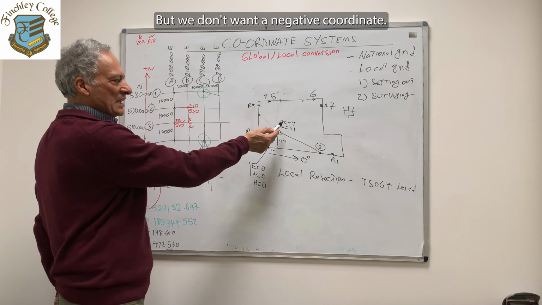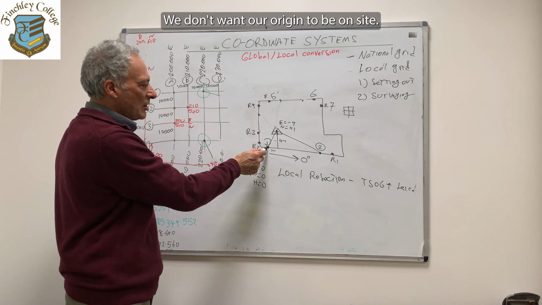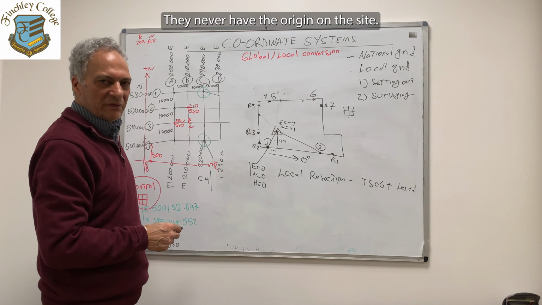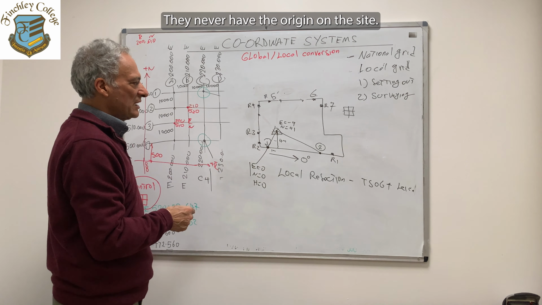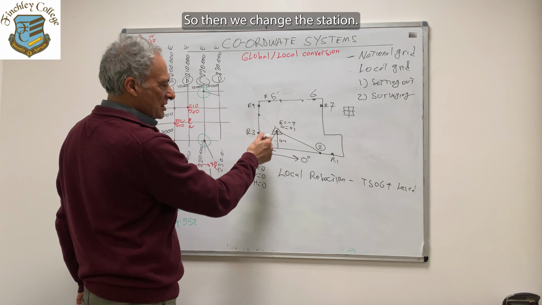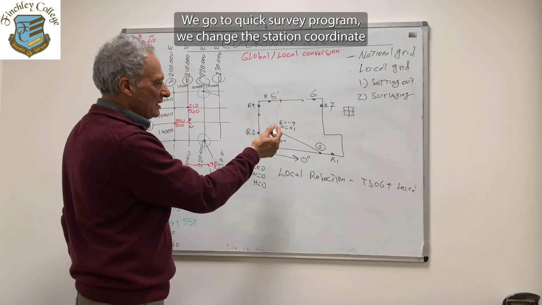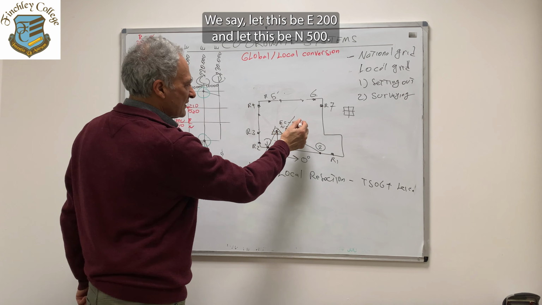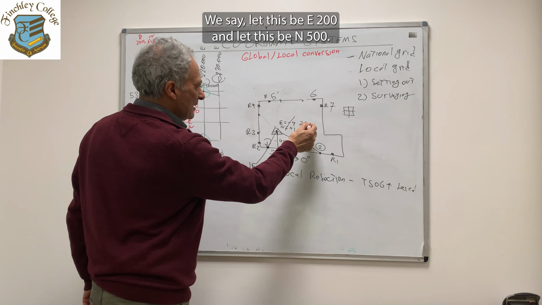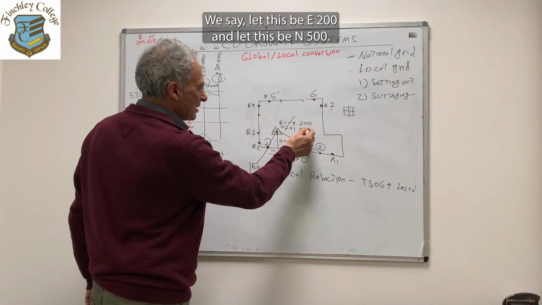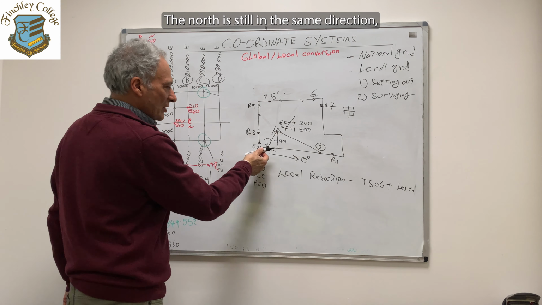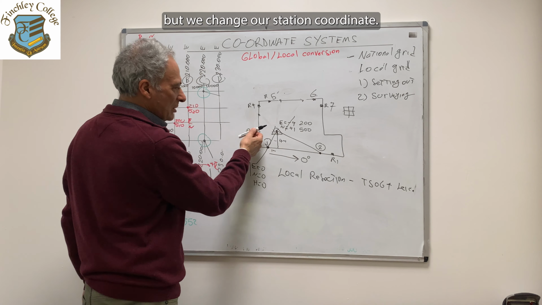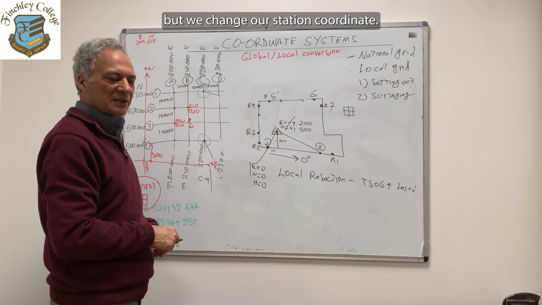But we don't want a negative coordinate, and we don't want our origin to be on site. We never have the origin on the site. So then we change the station: we go to the quick survey program and change the station coordinate. We say let this be east 200 and north 500. The north is still in the same direction, but we change our station coordinate.